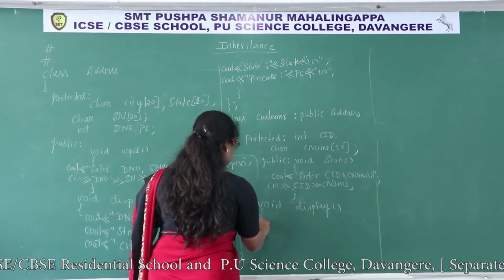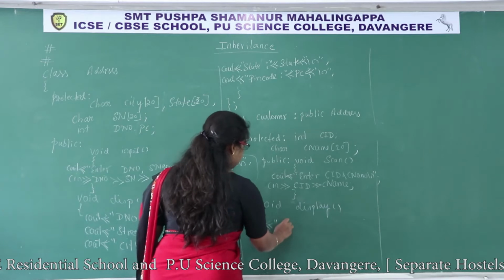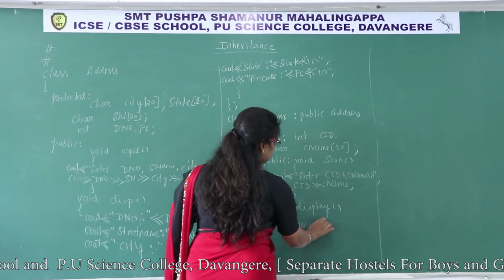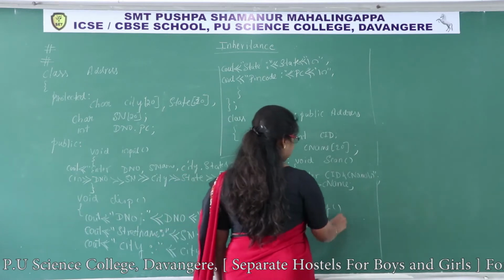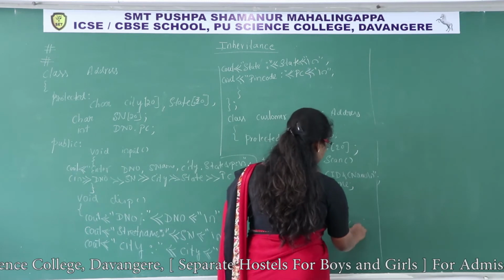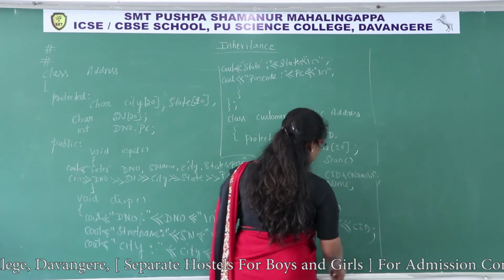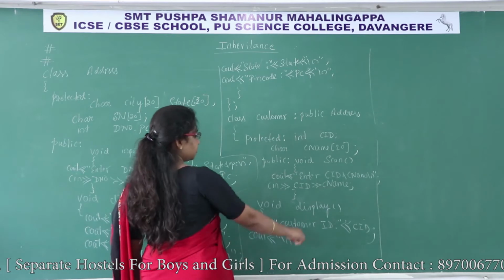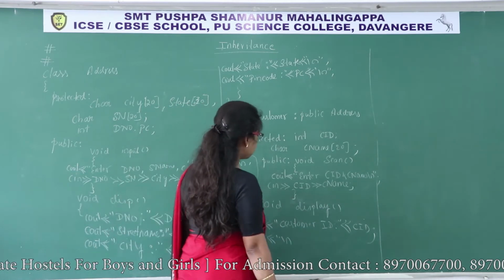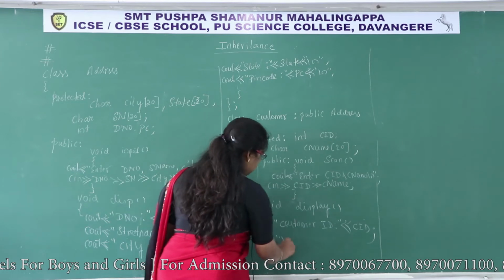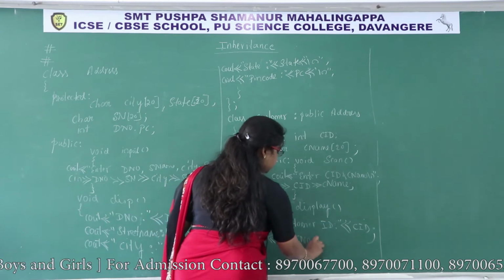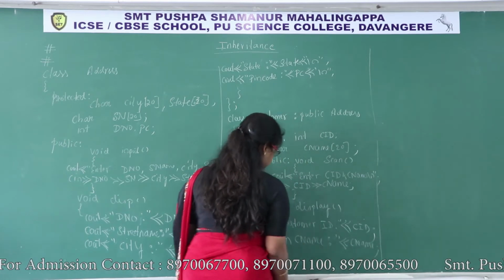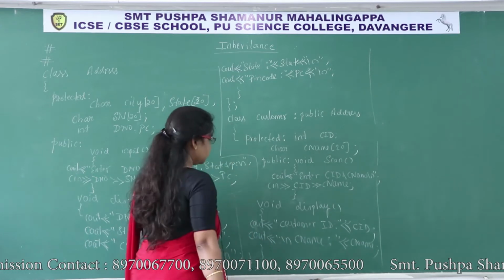Cout customer ID, CID. Cout, now I'll give backslash n here. I did not give backslash n there. To take the cursor to the next line, we must give backslash n. Customer name, cname, close the function, sorry, class close.